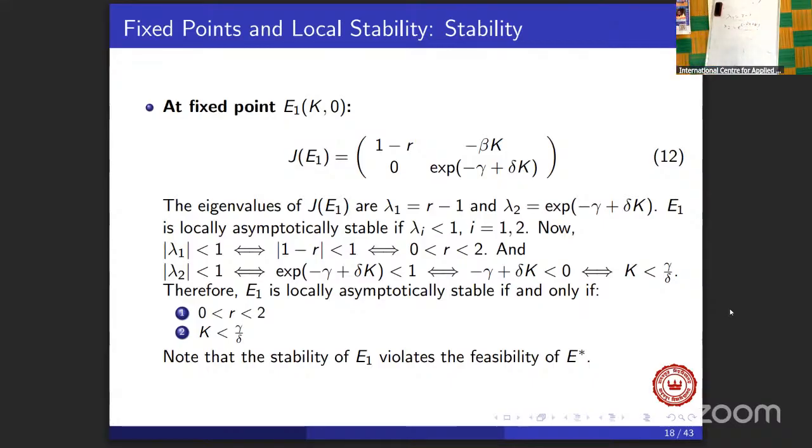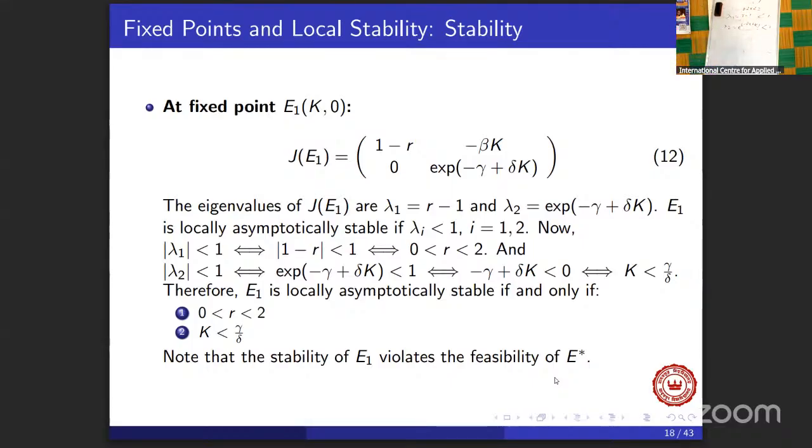So when will the system be stable? When both eigenvalues are less than 1 in modulus: if this value is less than 1 and this value is less than 1, then we say that the system is locally stable. |r minus 1| less than 1: what is the range of r? 0 less than r less than 2.